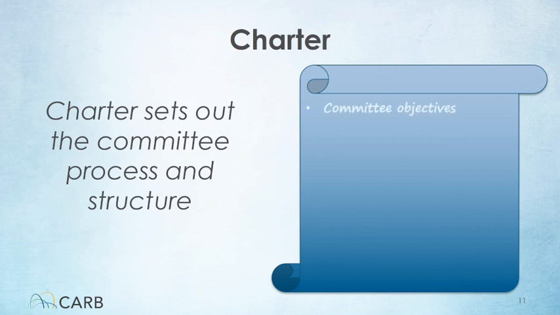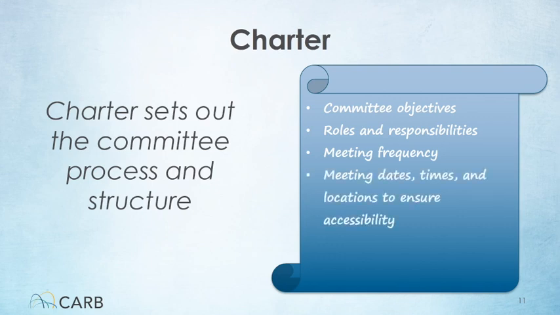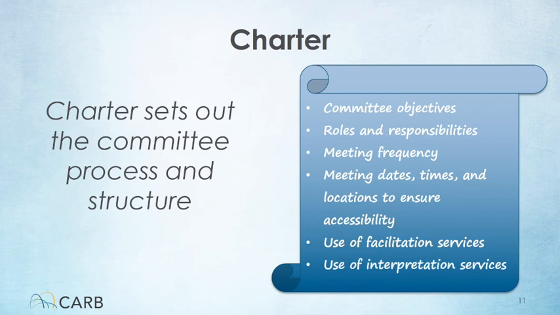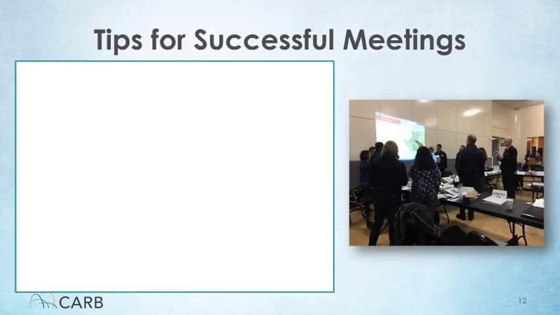This includes committee objectives, roles and responsibilities, meeting frequency, meeting dates, times, and locations that ensure accessibility for the community, use of facilitation services, and use of interpretation services. Facilitation services in particular can help with issues like how the committee will vote and resolve disputes.